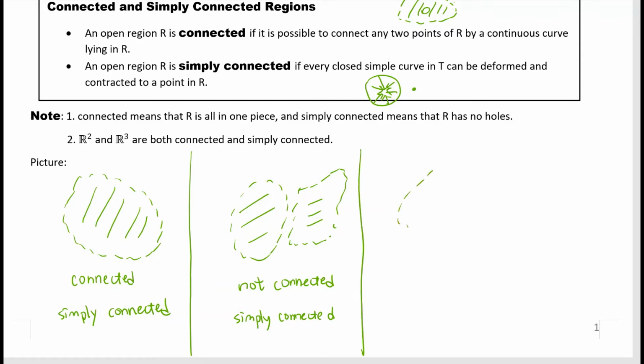Next. This one has a hole, but it's still an open region. So this one is connected, but not simply connected.